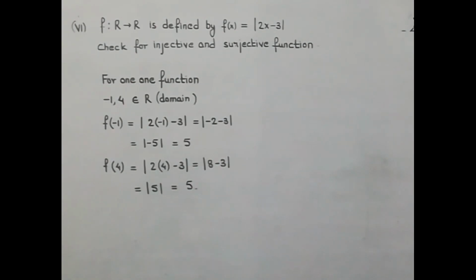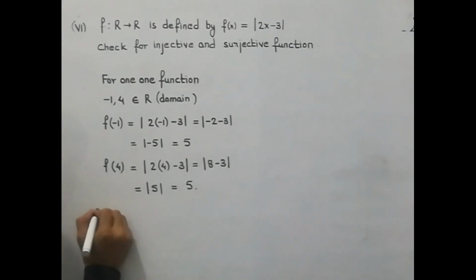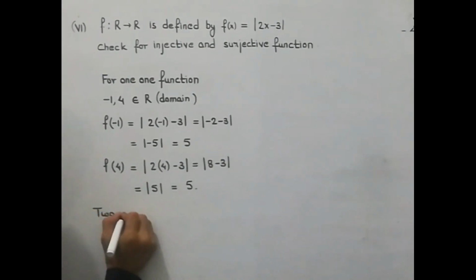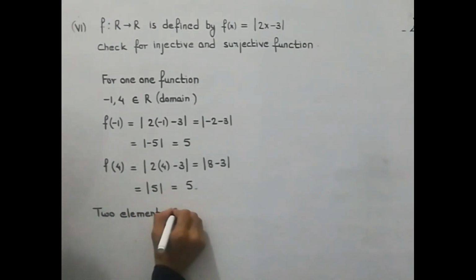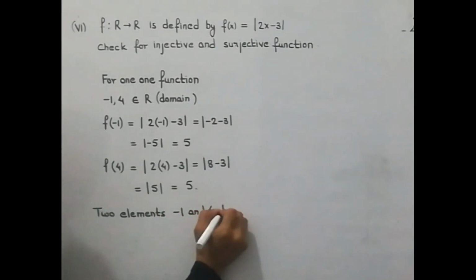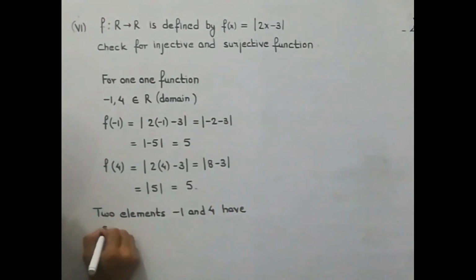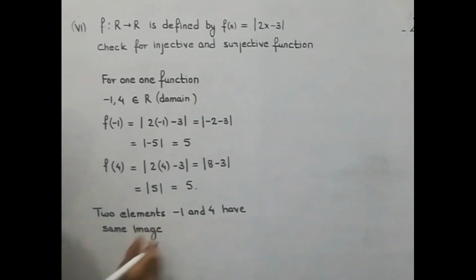So we can write two elements -1 and 4 have the same image. Two different elements but getting the same image. So that means this function cannot be 1 1. So we are confirmed here that f is not 1 1.